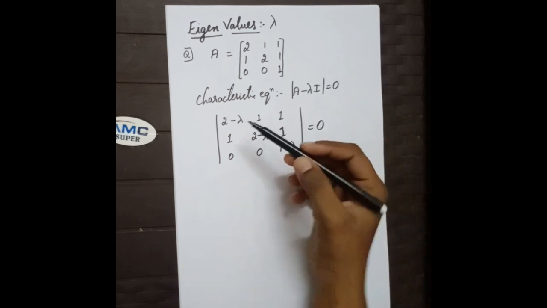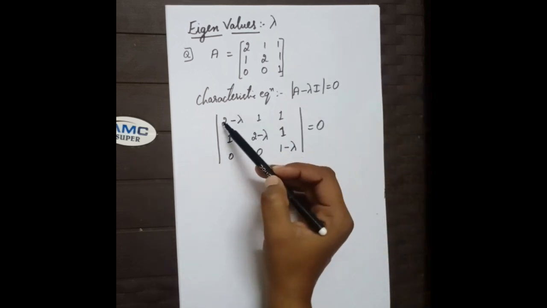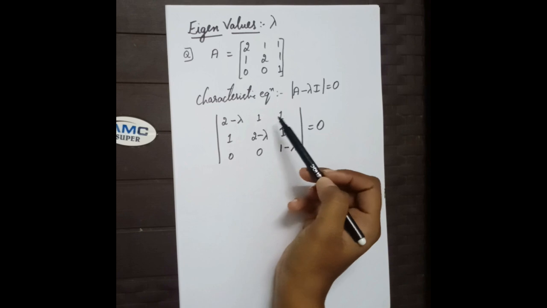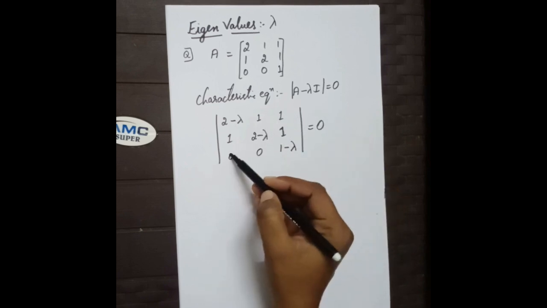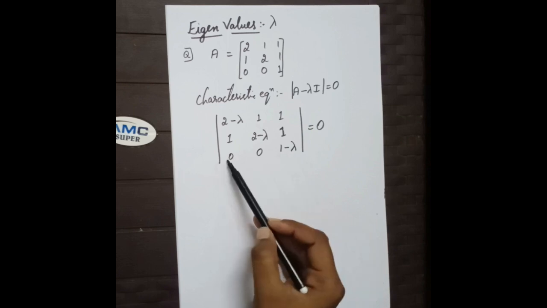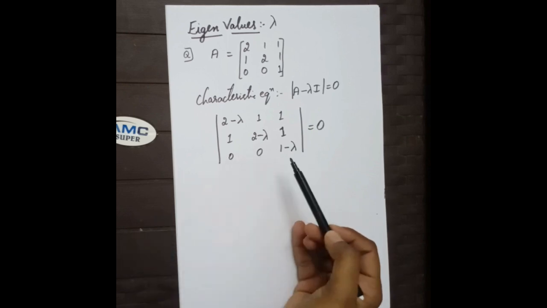To solve the determinant, generally we take the first row and put alternating plus and minus signs: plus, minus, plus for the 3 elements. But here there is a catch. Let's observe this determinant: in the last row we have two zeros as elements.